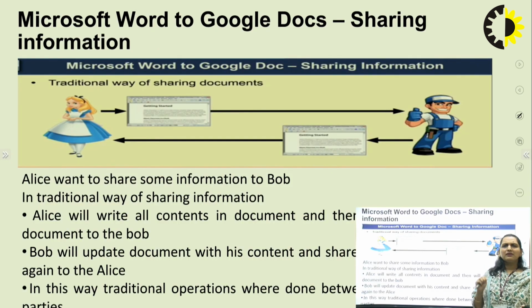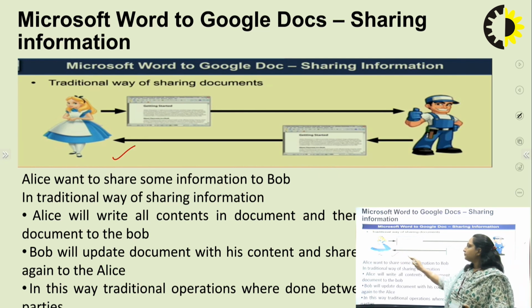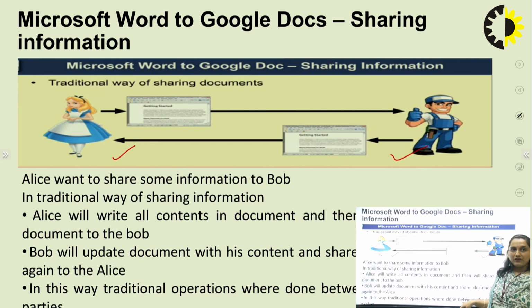Let me give an example. This is Alice and this is Bob. They want to share some information.